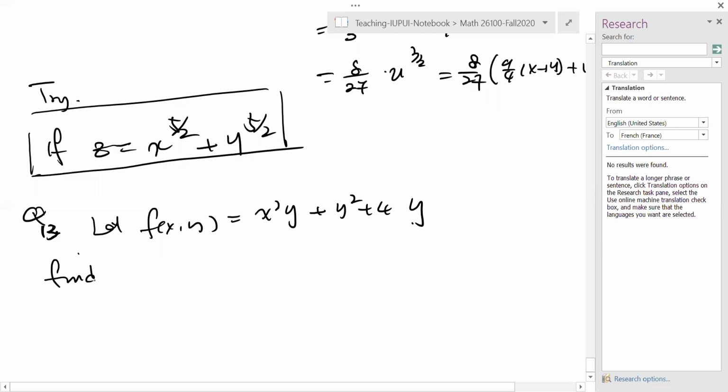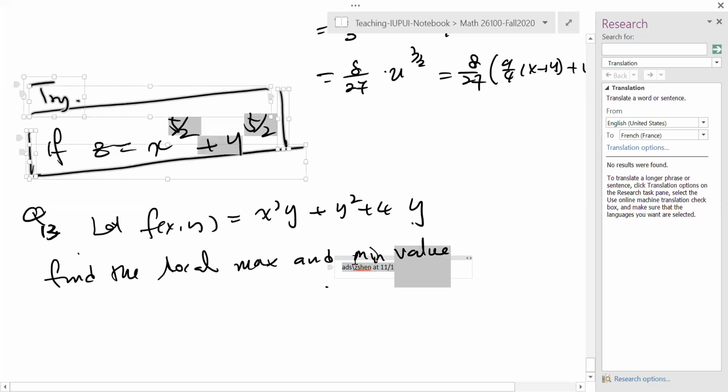Find the local maximum and minimum values of the function. If there is any saddle point, you point out the saddle point, and indicate it.